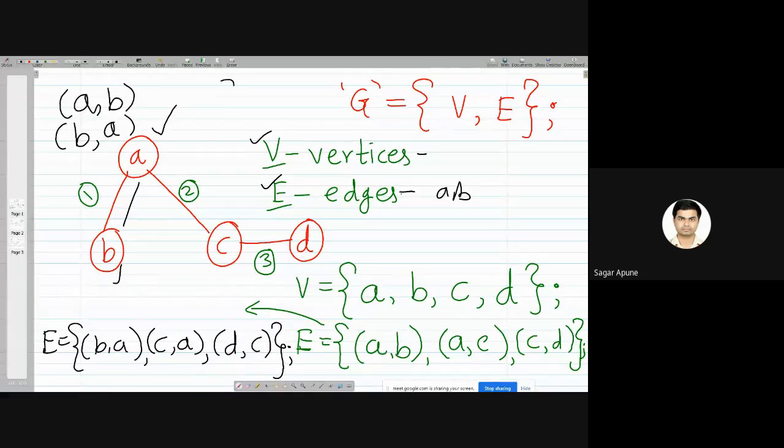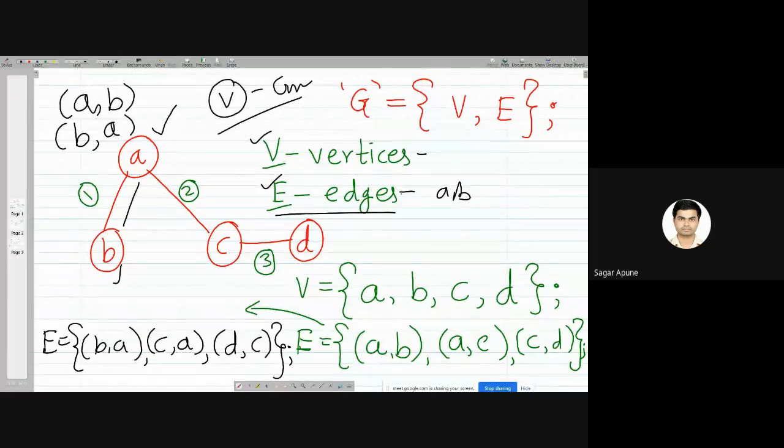If my graph contains a single vertex, named V, we can call it a graph again. There is no need for edges, because one single vertex is available, we can call it a single graph also. So without a vertex, we cannot form a graph. Right? It means the vertex is a fundamental unit of my structure which can form a graph.